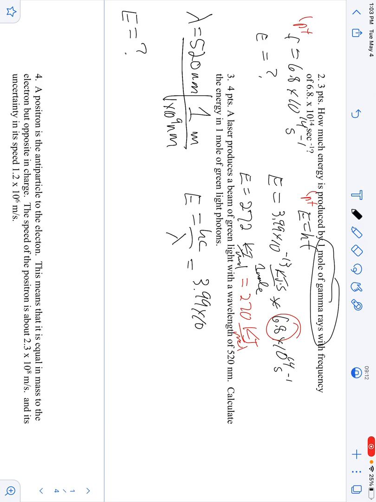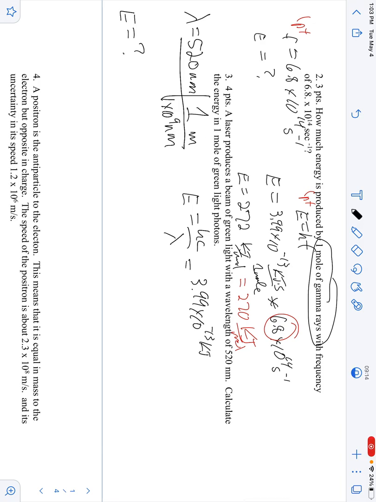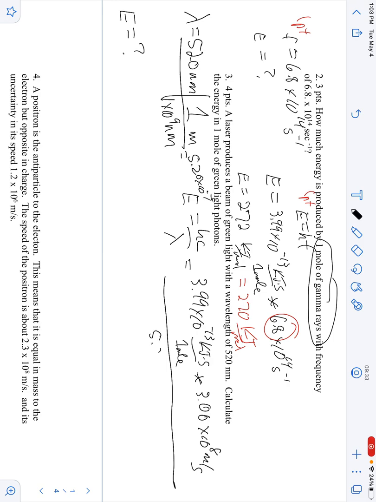Because it's per mole, I use this Planck's constant. And I multiply it by the speed of light. And then divide by my wavelength, which is going to be 5.20 times 10 to the negative 7th meters. So I'm putting it into the calculator.